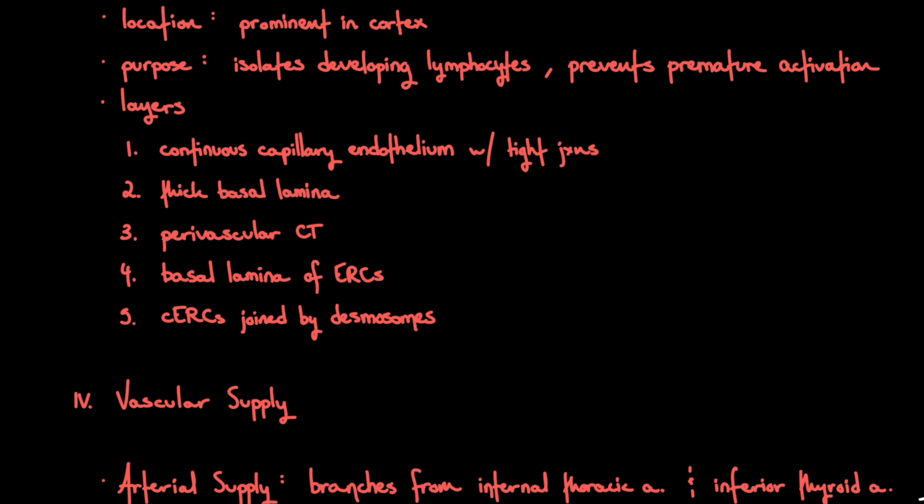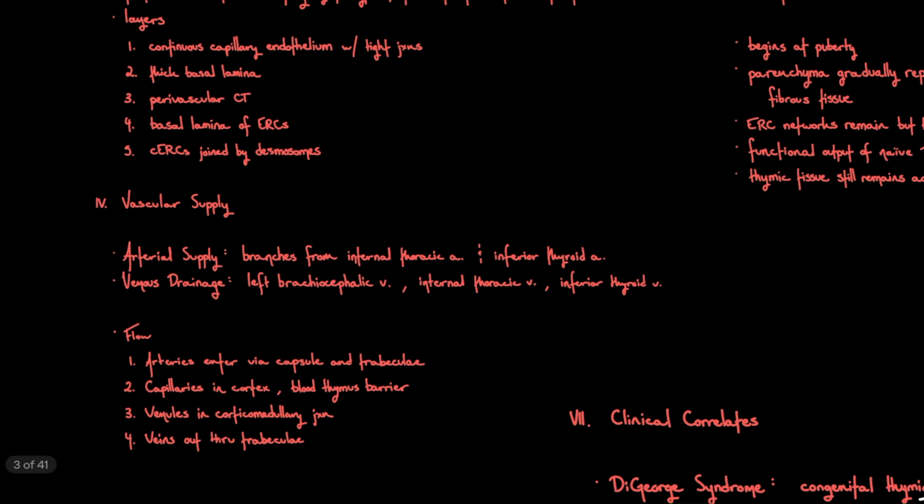So it's basically just all the connective tissue and cells of the thymus separating the blood from the environment within the thymic cortex. So we have this isolated, sterile region for these guys to develop without premature activation. I don't need you guys to know this stuff here.